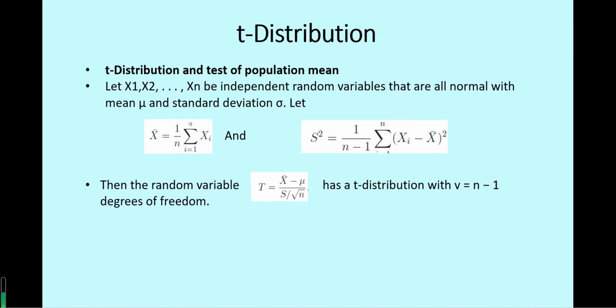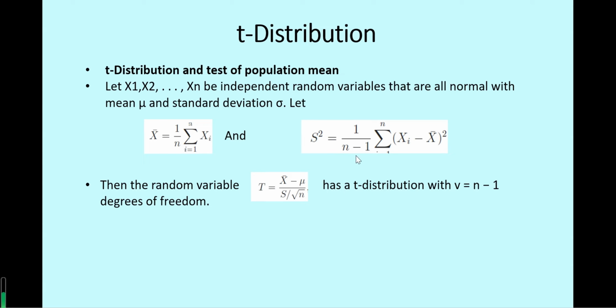The t-distribution is quite often used in the test of a population mean. So let x1, x2, up to xn be independent random variables from a normal distribution with mean mu and standard deviation sigma. Let x bar equal the sample mean and s squared the sample variance.